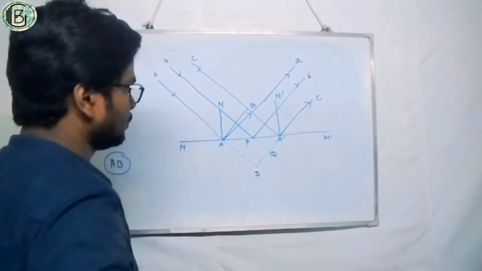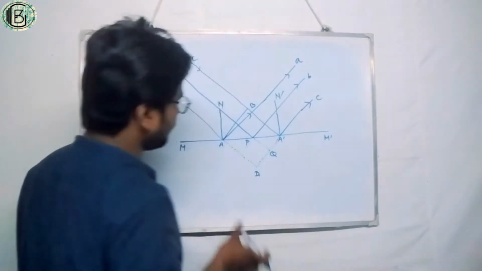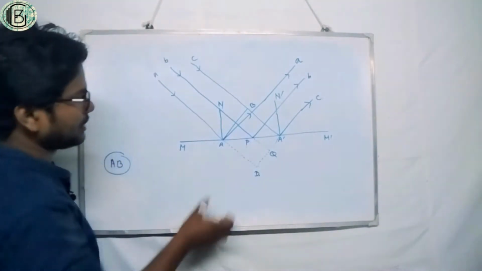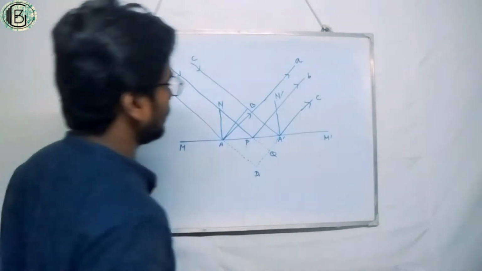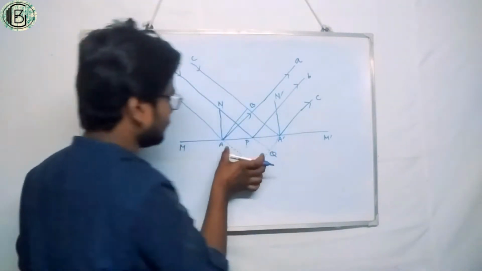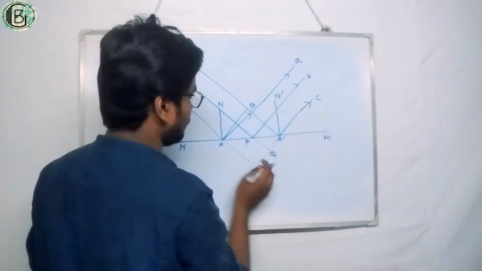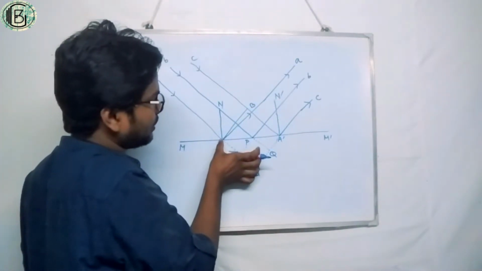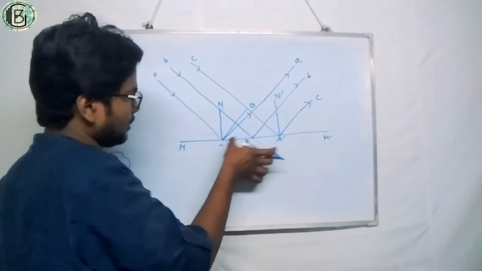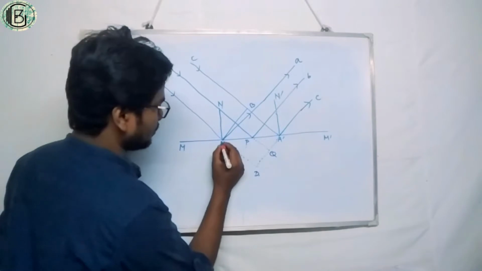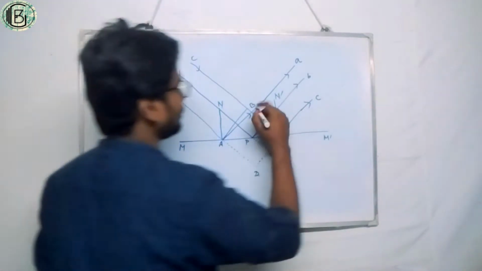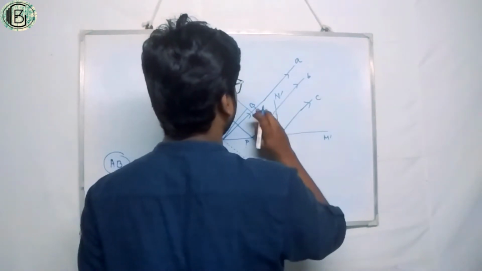Now if we take the length AD and draw a triangle like this, so we are taking the equal length of AD and cutting over each other. So here we are taking the length AD and cutting that line here, so we get B prime.